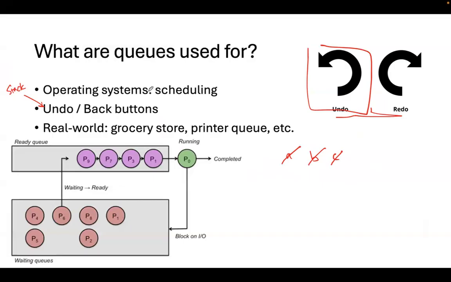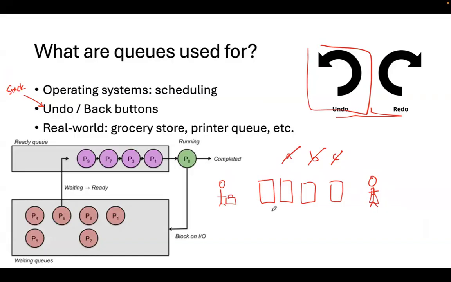But the better example is the milk at the grocery store. So if we've got the person who works at the grocery store, maybe draw an apron, they're working here. And we've got our basket.